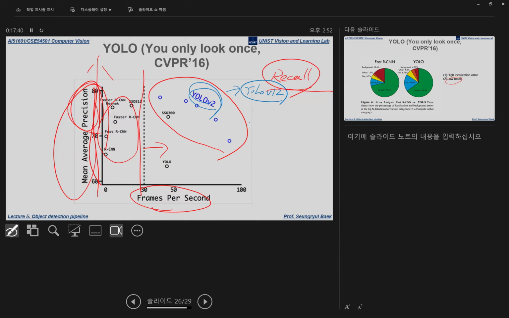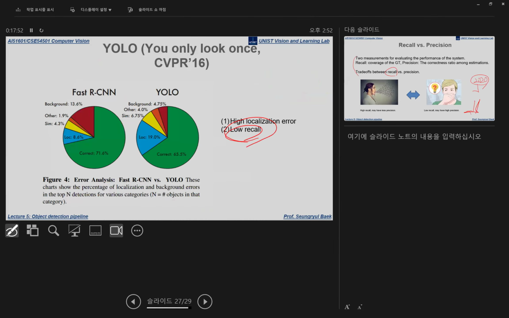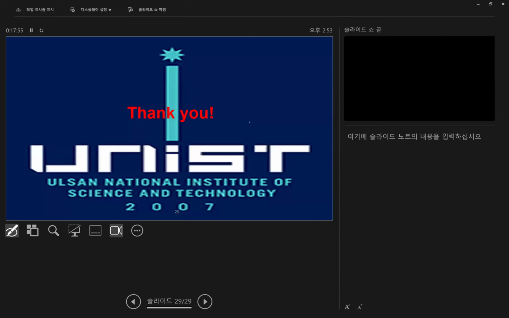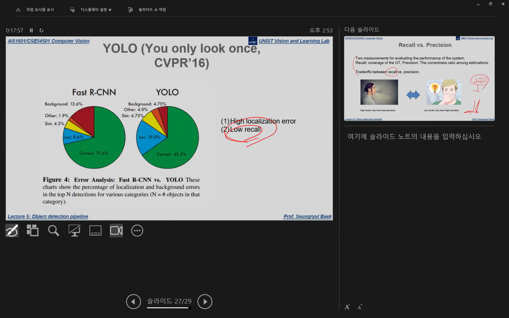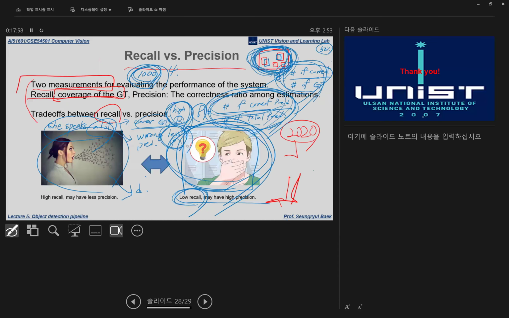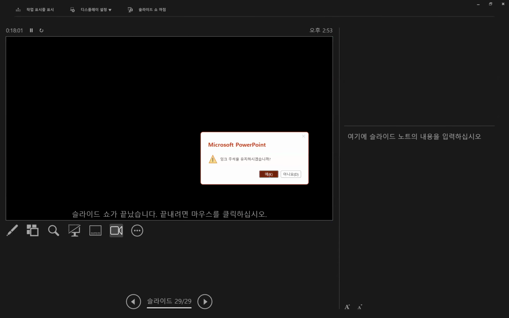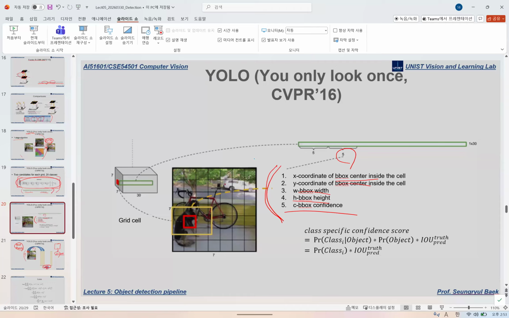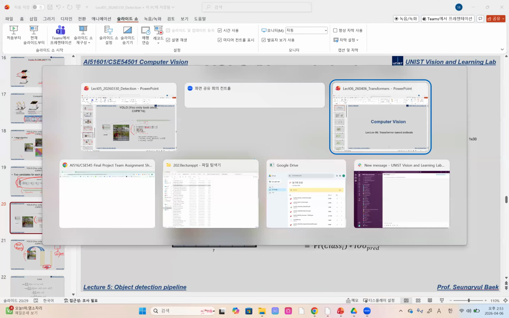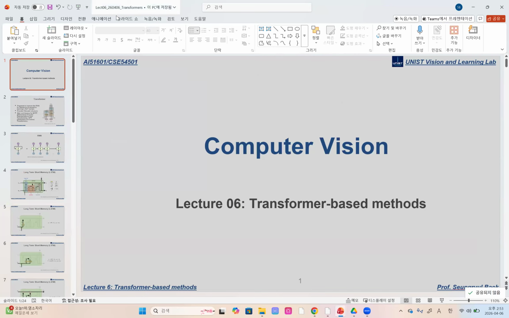So they want to keep a balance between precision and recall, because the earlier versions of YOLO focused on only the precision. Okay, that's the review of these CNN-based algorithms. And then we will move to the transformer-based algorithms.